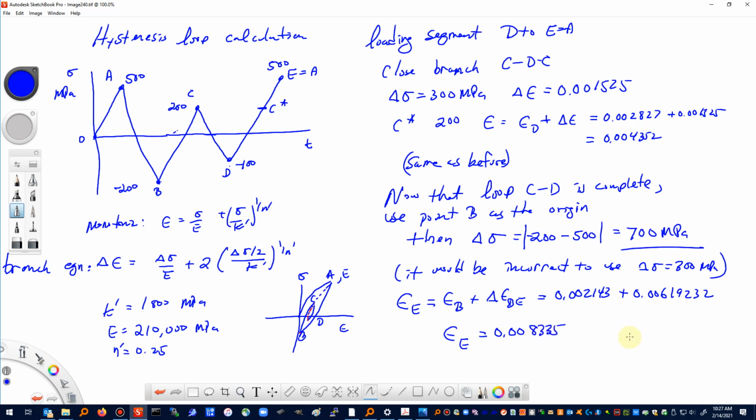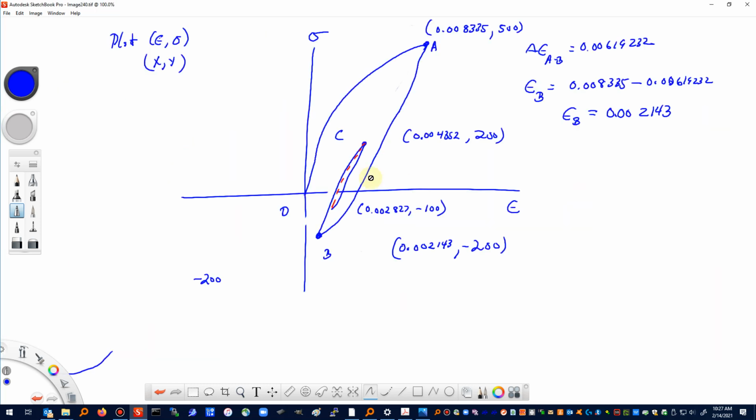Let's see where that puts us. Puts us right back where we should be, where we have rejoined the stress strain curve. Okay, so we have our strain, then our stress of 500.